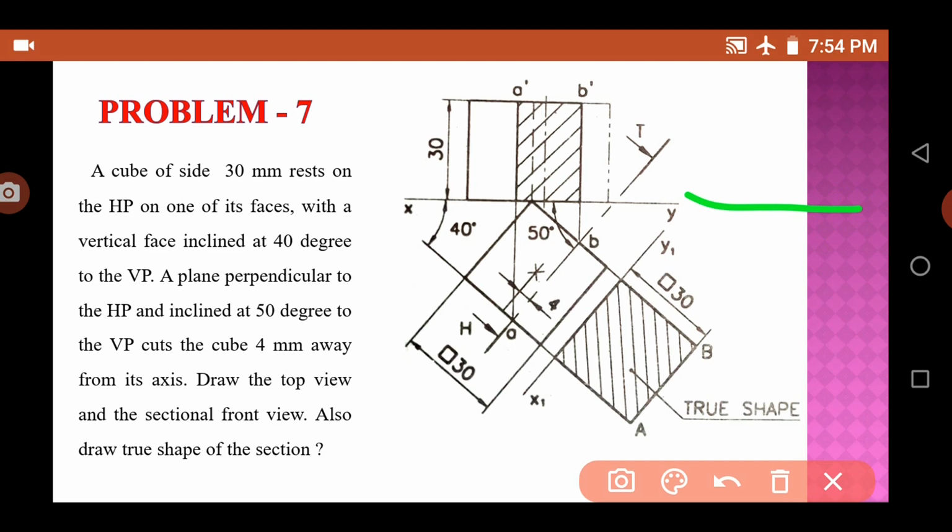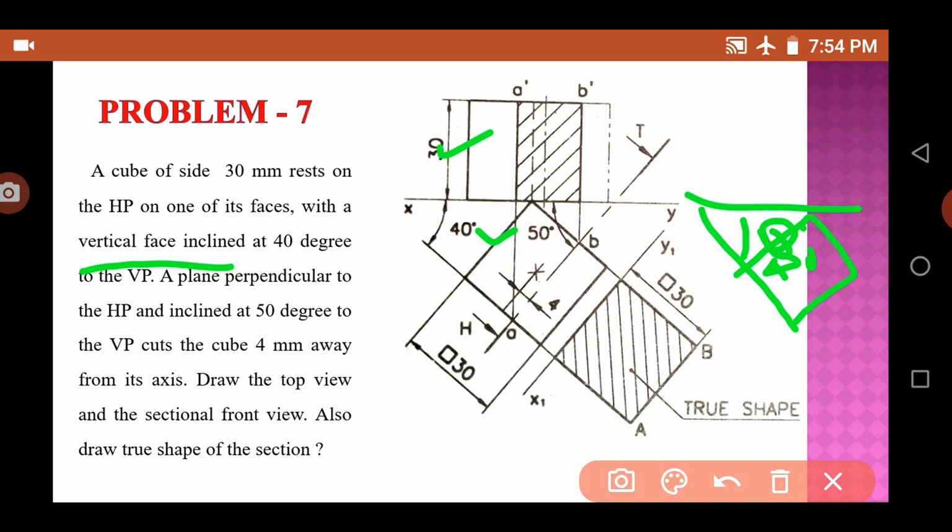So first I'll choose this side and take the 40 degree angle. They told us that it is the vertical face, so here I have to make some face. This one is the vertical face, which is at 40 degree to the VP. Now you got the shape.